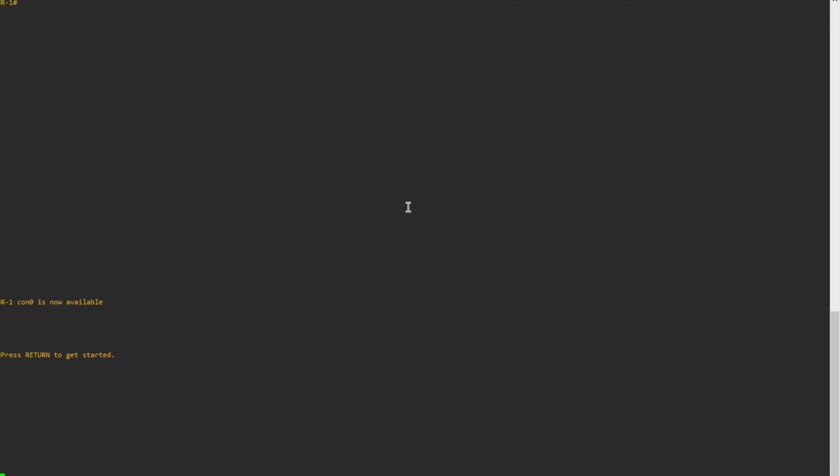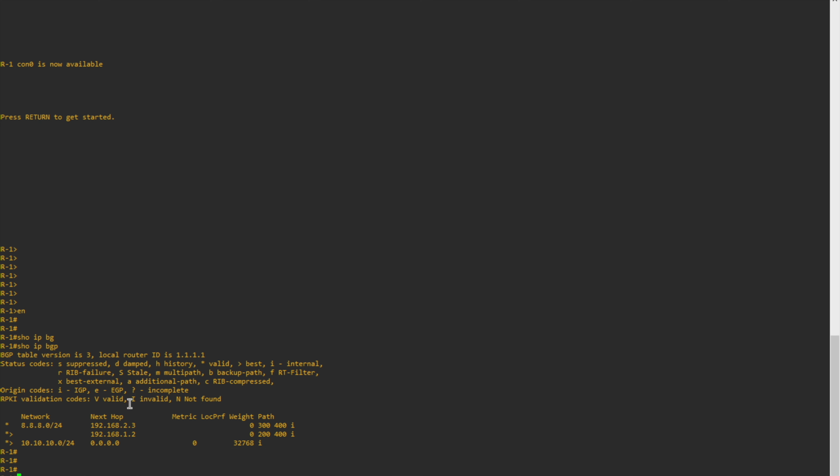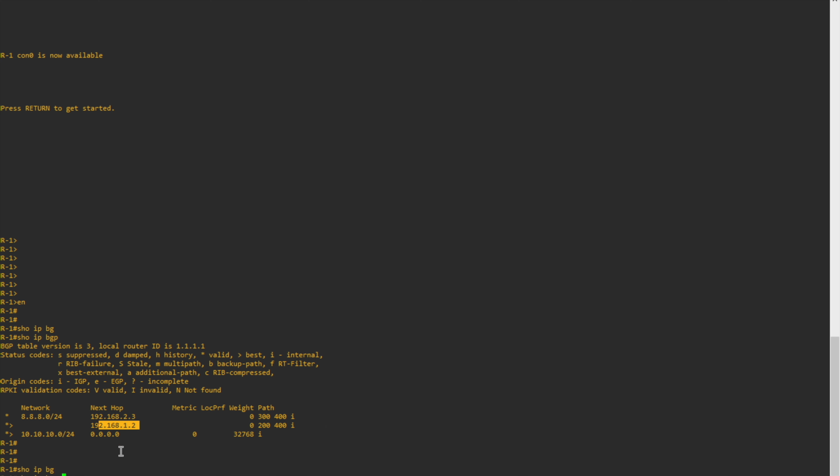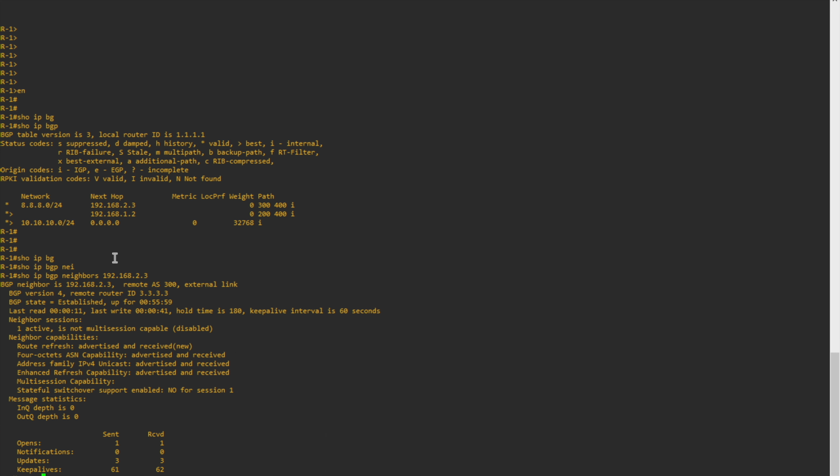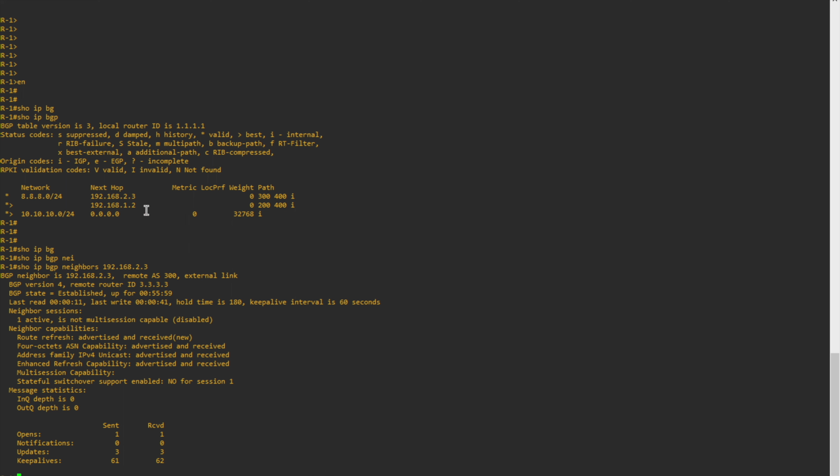We'll understand here what the router ID statement says. To reach this network there are two paths, or rather two neighbors. Let me look at show ip bgp neighbor details, and another neighbor also.